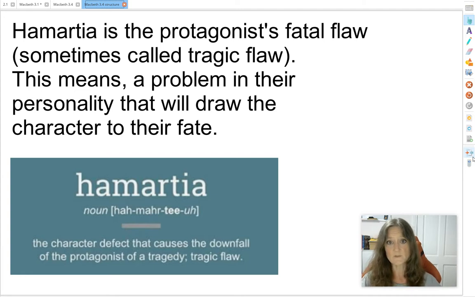But fatal is important because it's got that word fate in it. This idea in ancient drama that the protagonist's outcome is determined by fate, and whatever you try to do to avoid your fate, you can't avoid it. Your fate will catch up with you in the end. And that's what I prefer the meaning of hamartia to be, the fatal flaw rather than the tragic flaw.